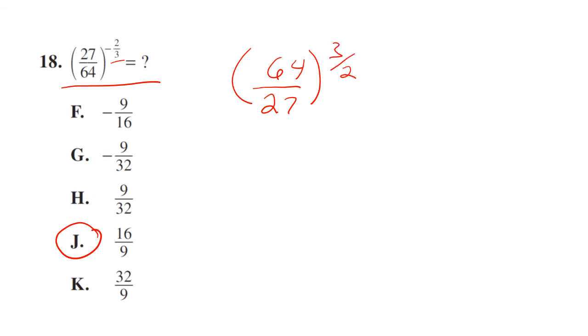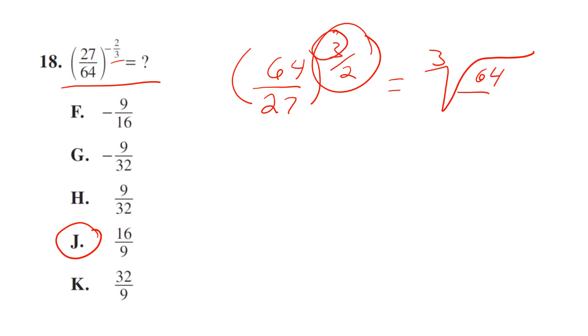If you know your exponent rules, any number raised to a fraction becomes the root: the square root of 64 over 27, cubed.